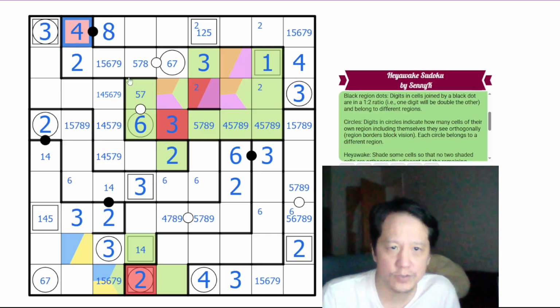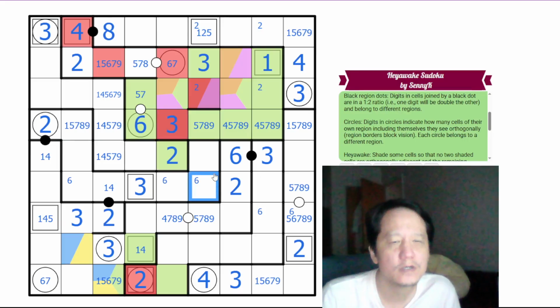Okay, so let's try that. Shade, shade, and shade. And these are all unshaded. This must be unshaded to connect. This seems okay.